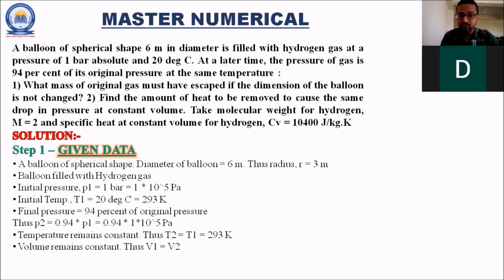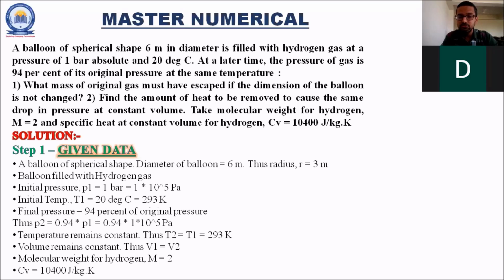Thus I can write V1 is equal to V2. Then the molecular weight of hydrogen, that is capital M equal to 2, as you are seeing in the numerical. Then we are given the specific heat of hydrogen at constant volume, that is Cv equal to 10,400 joule per kg Kelvin. So these are the given data.